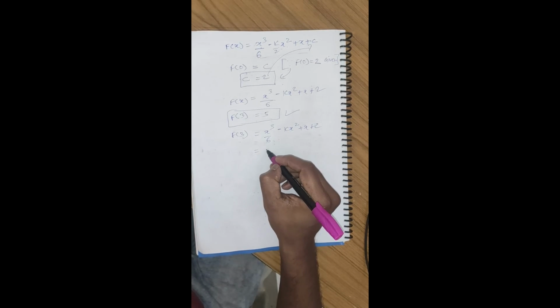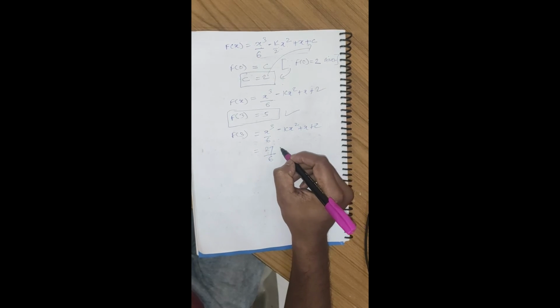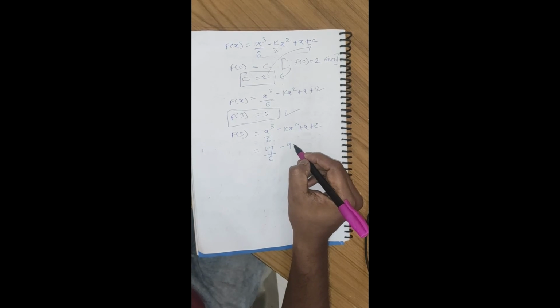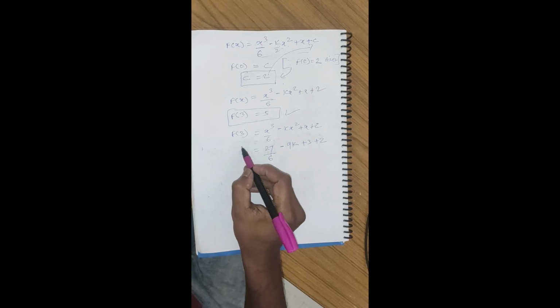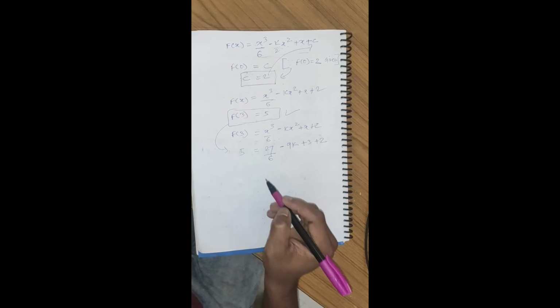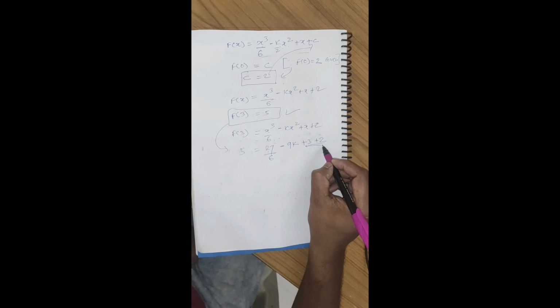So that will make it 27 divided by 6 minus 9k plus 3 plus 2, and it's been given that f of 3 is 5, so that's why it is 5. So just solve this to get the given answer.